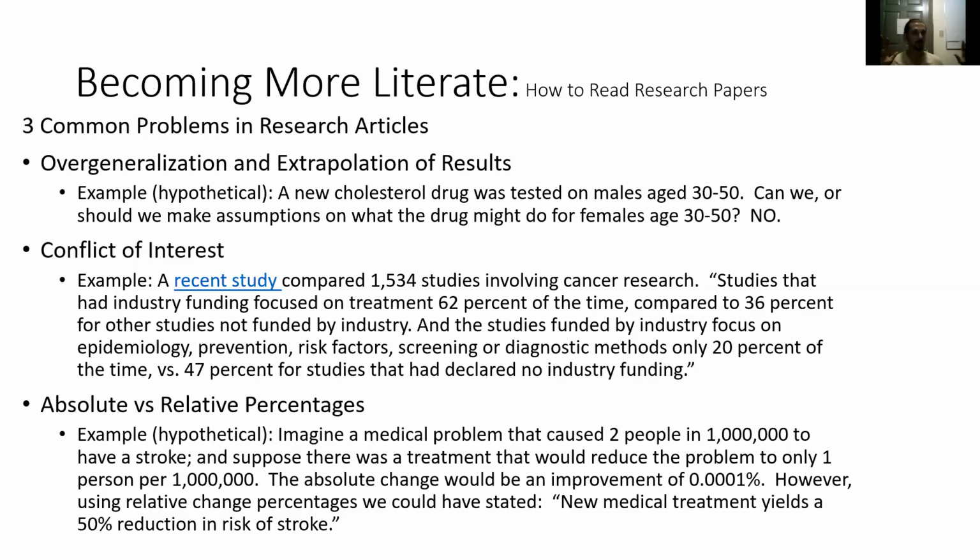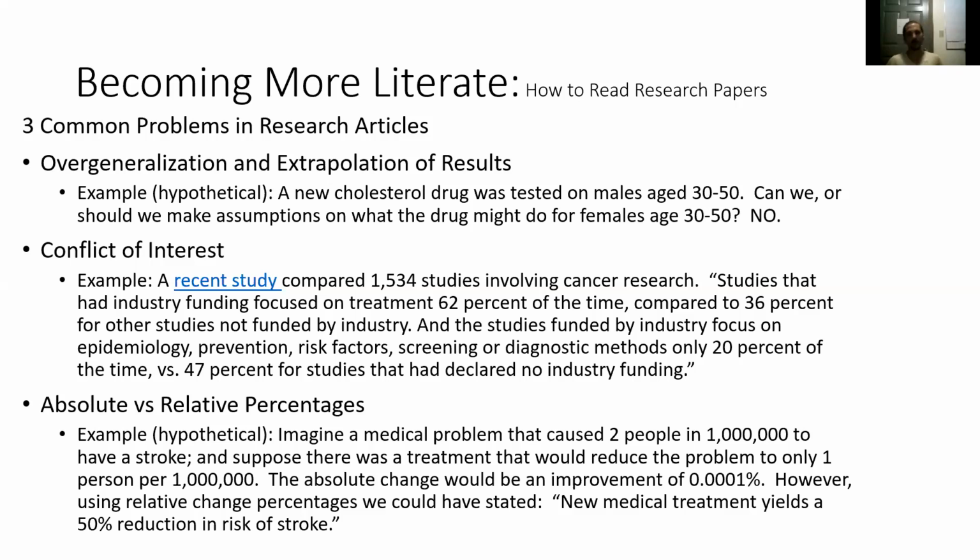It doesn't definitively mean the research is no good, but we should immediately perk our ears up when we see that and recognize, okay, there might be a very clear conflict of interest here, and so as I am reading this, I need to be looking out for that.